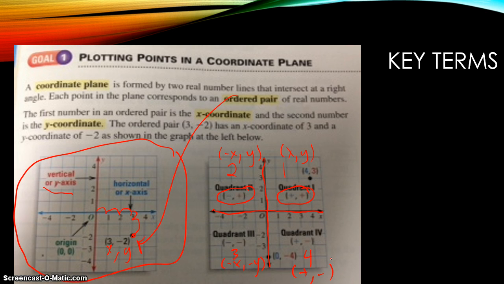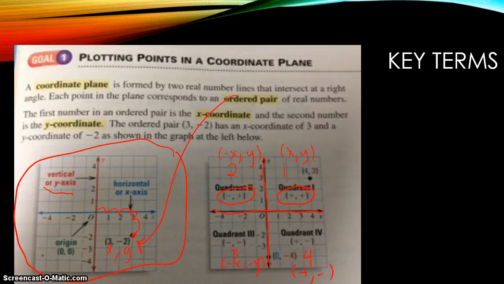A lot of important information on a coordinate plane. Make sure you understand that the y-axis is a vertical line and the x-axis is a horizontal line. Where they intersect each other is the origin, the ordered pair 0, 0. The ordered pairs in each of the quadrants have different values, so in quadrant 2, it's negative x and positive y.